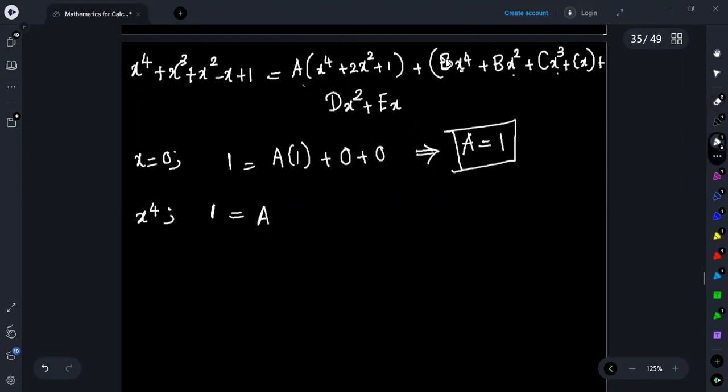Here we can see that there is another x^4 term, so we can write plus B. Since we know the value of A equals 1, 1 equals 1 plus B. By solving this, we can obtain B equals 0. So we have obtained the second value as well.